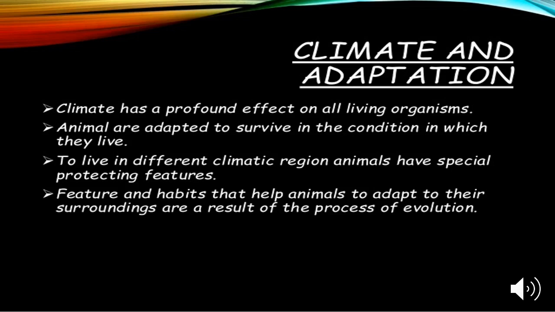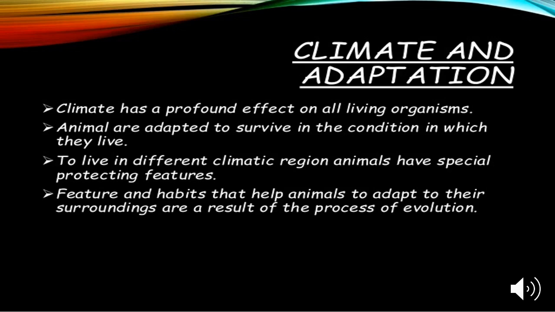Now students, climate has a profound effect on all living organisms. Animals are adapted to survive in the conditions in which they live. Animals living in very cold and hot climates must possess special features to protect themselves from the extreme cold or heat.